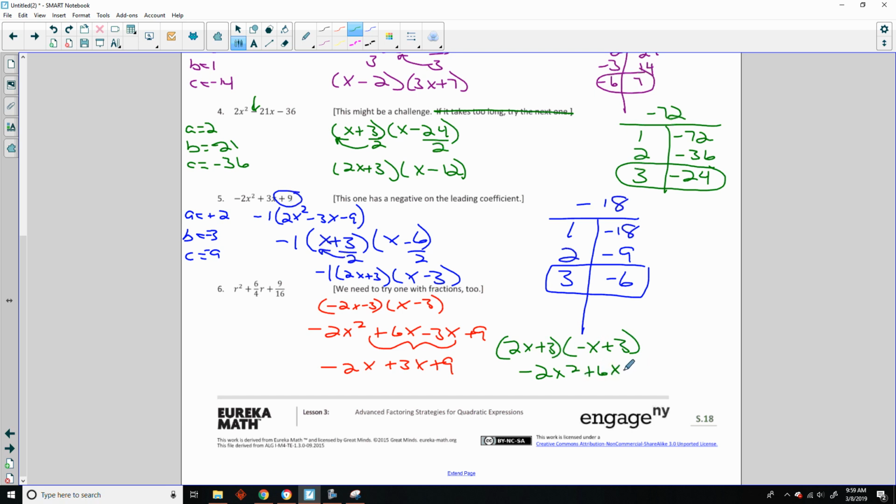And 3 times 3 is 9. And when I combine like terms, I get negative 2x squared, 6x minus 3x is 3x plus 9. So these come out to look like they're the same. Okay, so is this correct or is this correct?